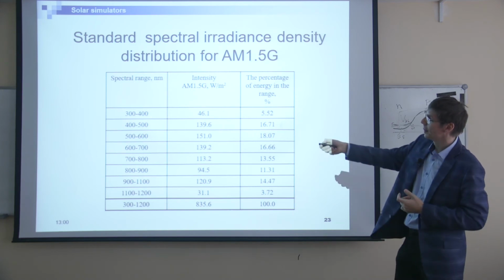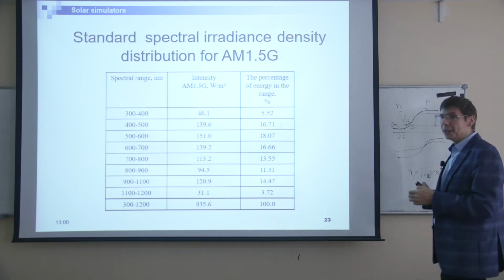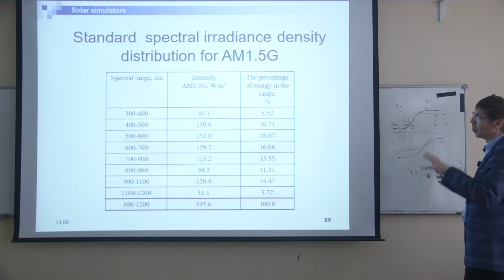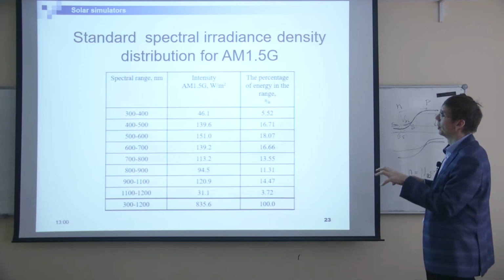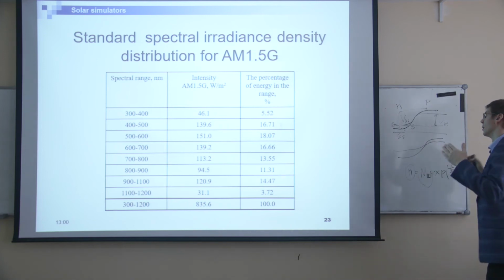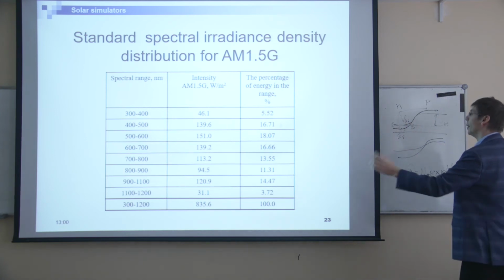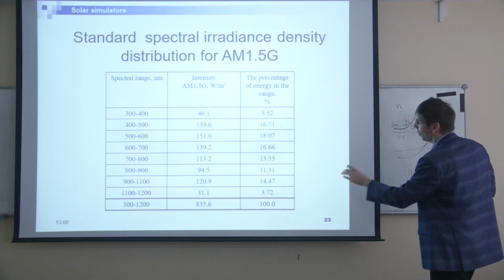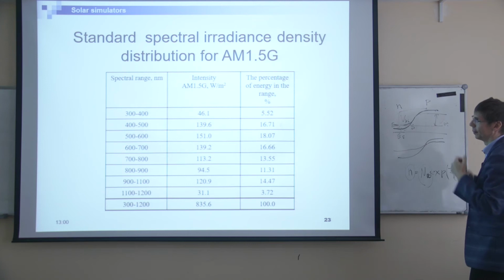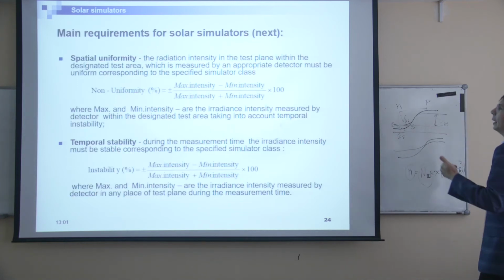So normally you see it's a range of 100 nanometers. And we have to provide the required integral intensity within this range. So you see the idea. We divide the solar spectrum by ranges, and our task is that within a small range the total integral intensity is the same as for the standard spectrum. Later I will show the picture.